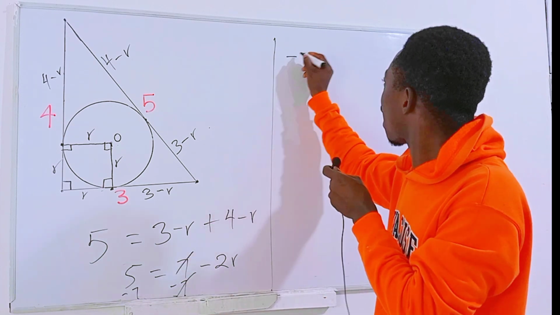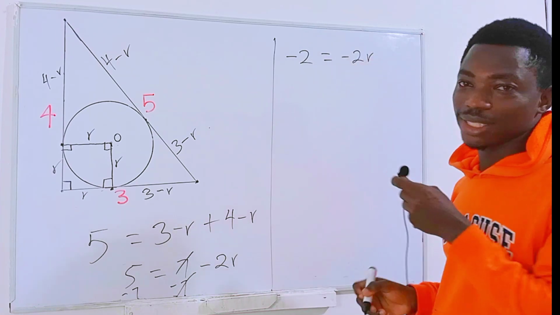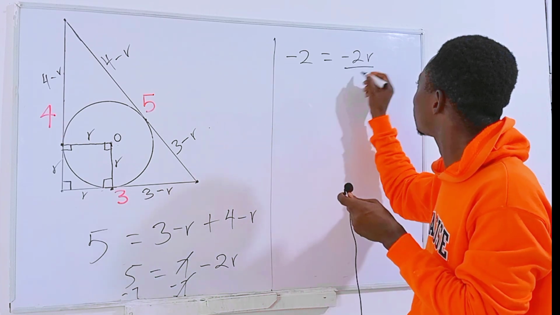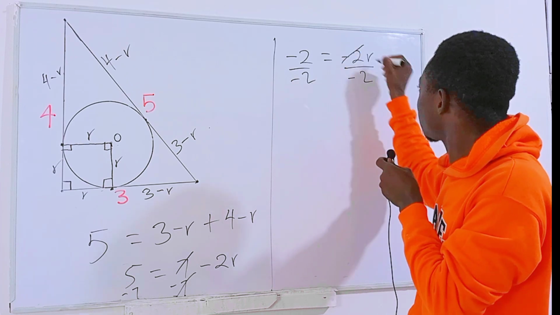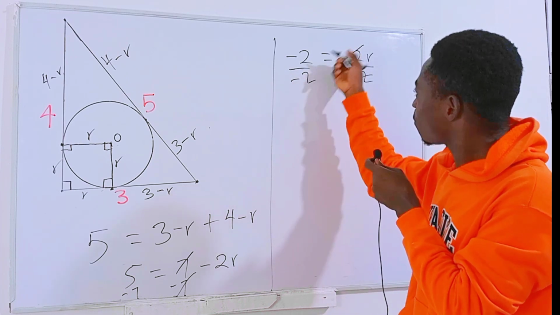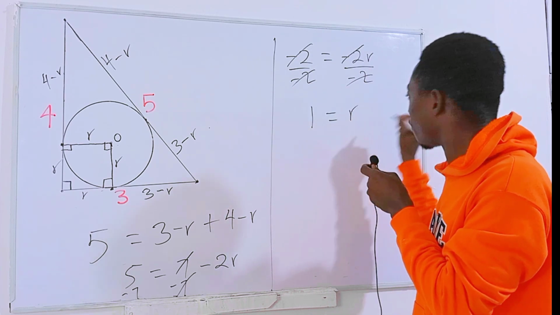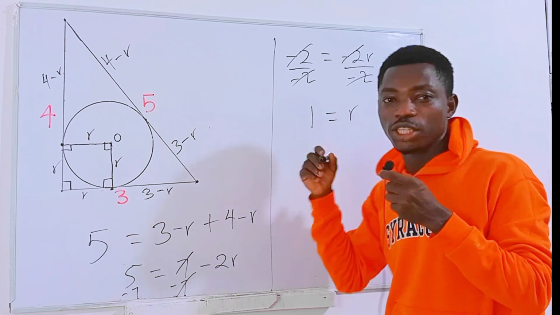And on the left, we will have minus 2 is equal to minus 2R on the right, just like that. In fact, we are looking for the radius, so let's go ahead and then divide each side of the equation by negative 2 so that this and this will go. Then, obviously, this will go into this one, so we have 1 is equal to R. Therefore, the radius is actually equal to 1 unit.